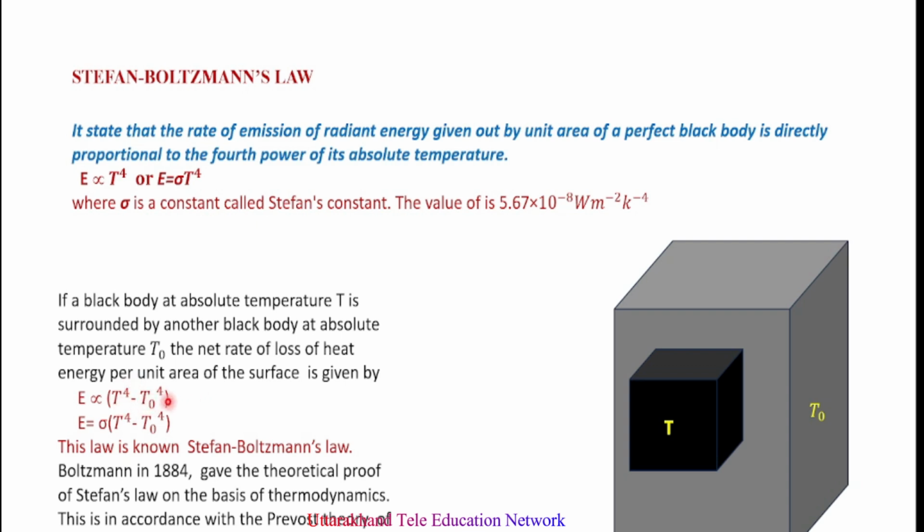Here T is greater than T0. The inside black body is at high temperature and the surrounding is at low temperature, so radiation goes from high to low, causing loss of heat. Again we remove the proportional sign and take a constant, the Boltzmann constant.